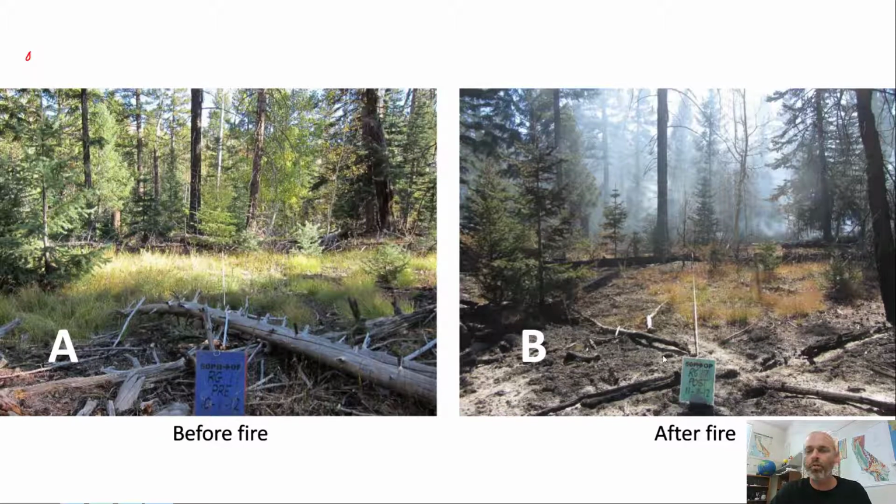But when you go over to the image B after the fire, you're going to see some different things. Some of the grass is still here, and that's because the intensity of the fire wasn't very high where the grass was, because there wasn't a lot of material to burn, and that grass was probably moist and didn't burn very intensely.